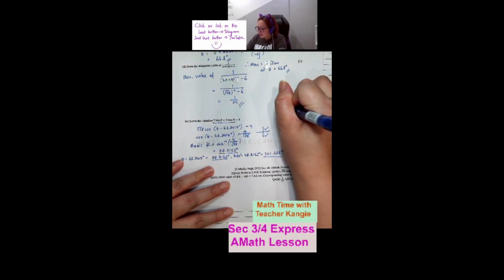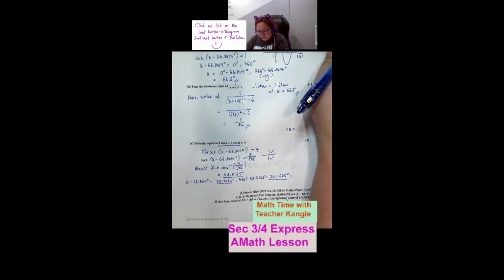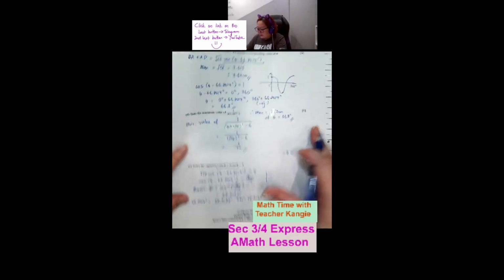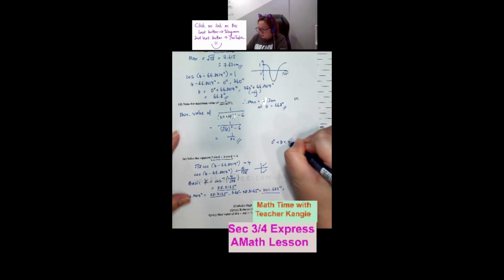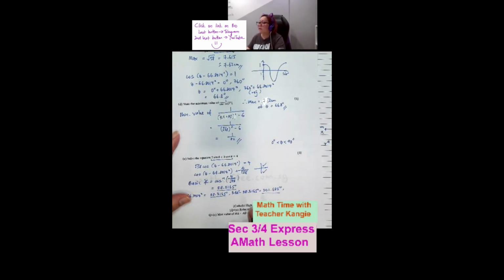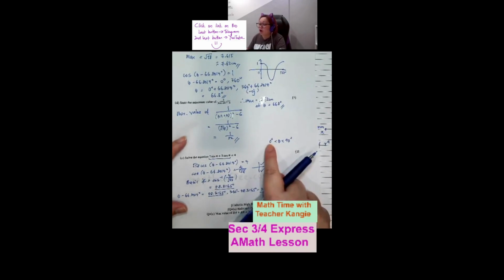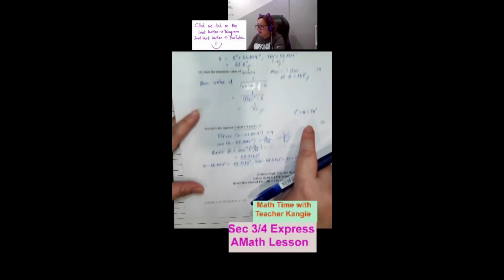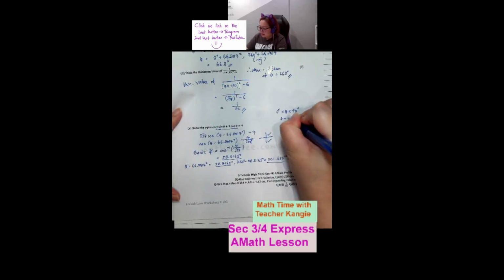Let me show you. Initially they tell us that our theta is in the range of 0 degree to 90 degree. This is called the answer range. We want our working range. How do we get our working range? We find the range for theta minus 66.8014.